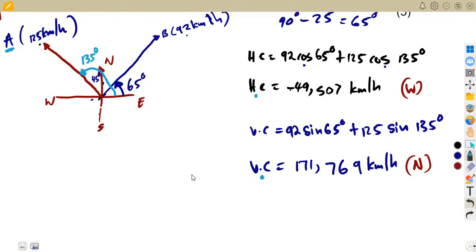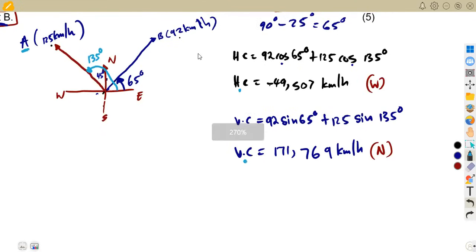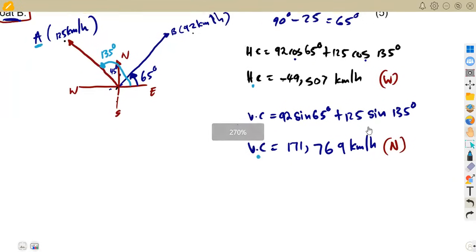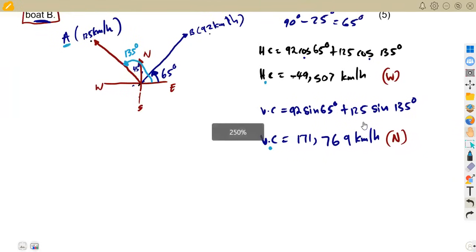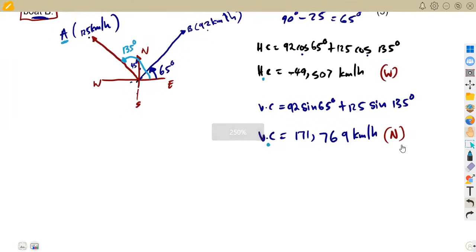Which quadrant? That is the question. Which quadrant are we going to consider, or where are we going to have our resultant in the velocity? Where are we going to locate these two, where we have the west and the north? In which quadrant? Let us have this.